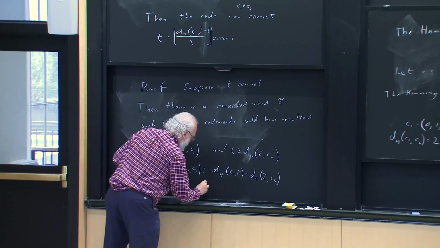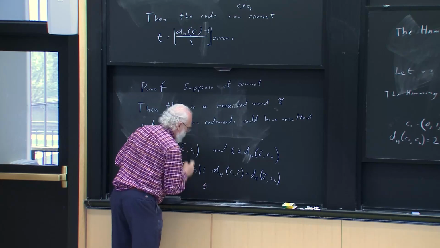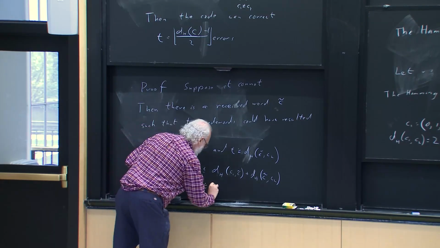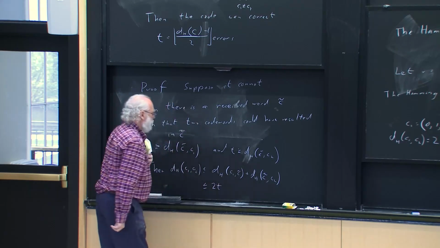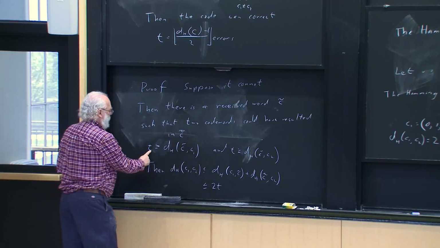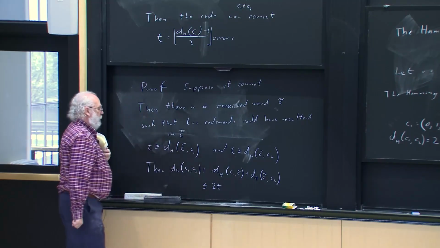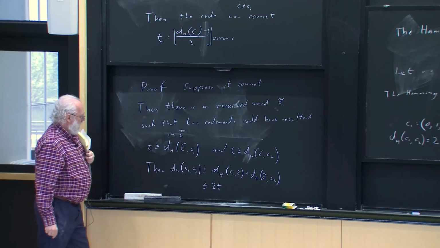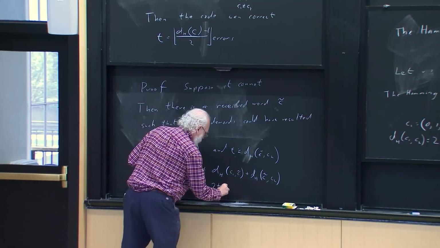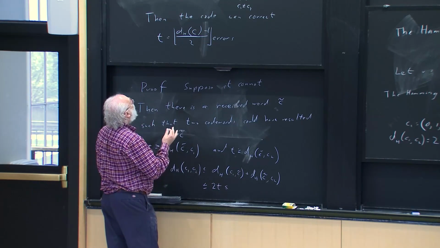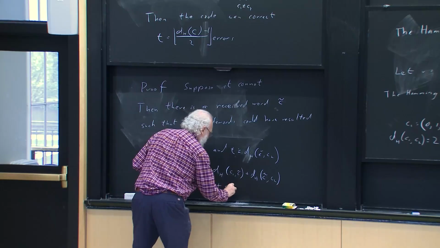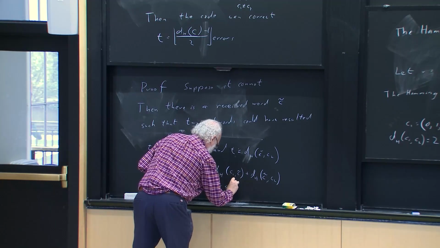But this is less than or equal to 2T by these inequalities, and that is less than or equal to, I guess, the Hamming distance for the code.